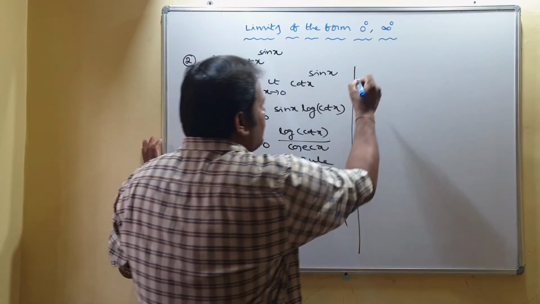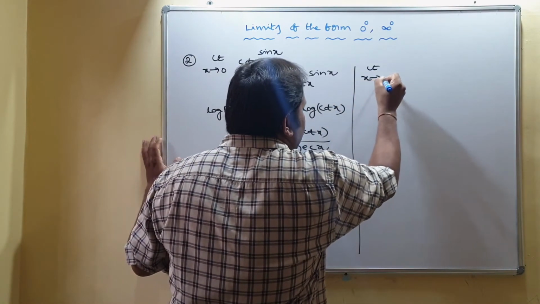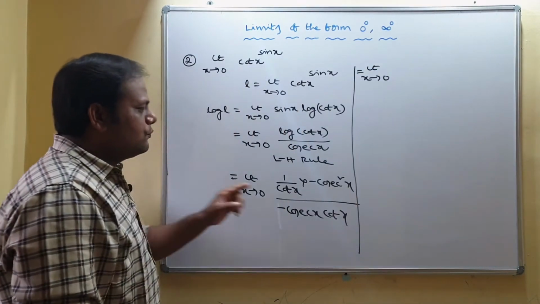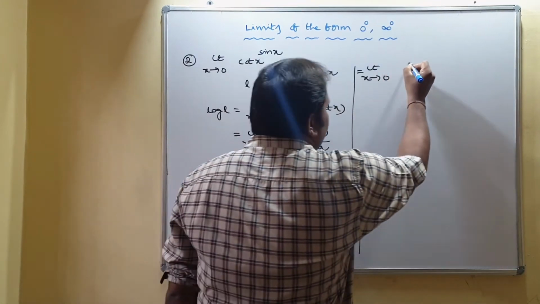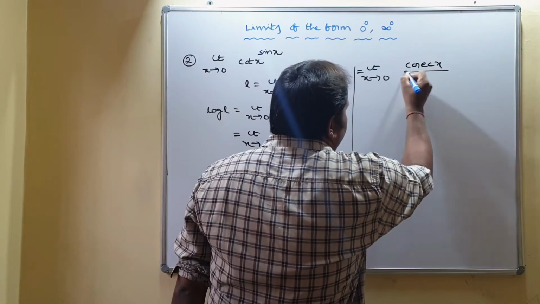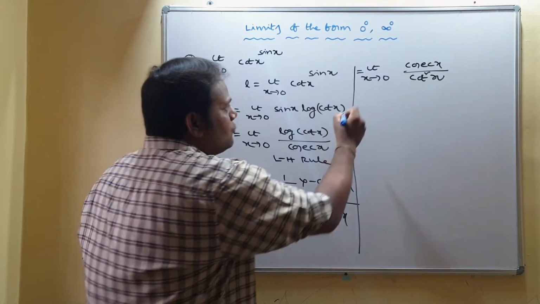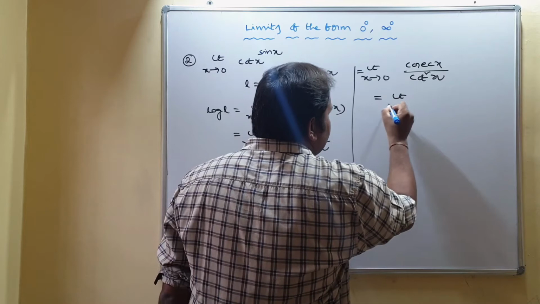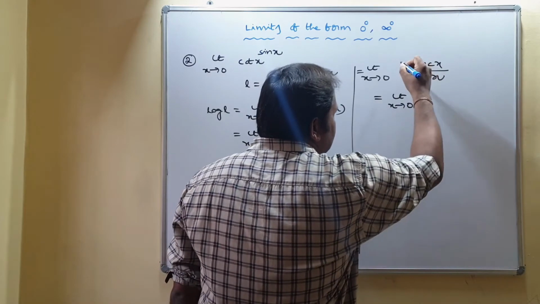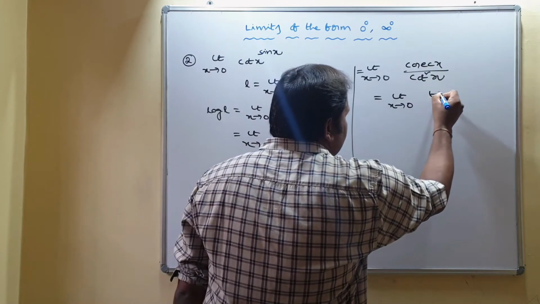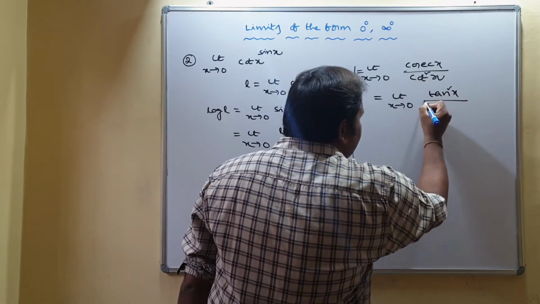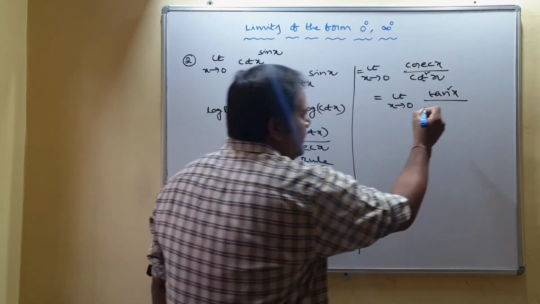So we are left with what? Limit x tends to 0. In the numerator we have cosecant x, in the denominator we have cot square x. Is it? Now can I take it as limit x tends to 0, this 1 by cot square x is what? Tan square x. And cosecant x can be written as 1 by sin x.